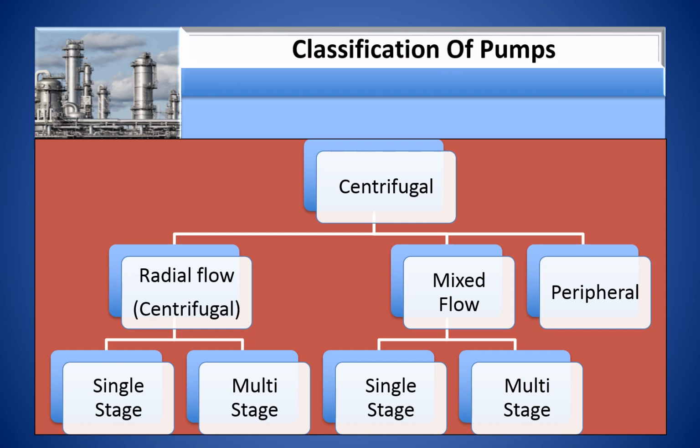Centrifugal pumps are subdivided into radial flow, mixed flow and peripheral flow pumps. Under the radial flow, we have single stage and multi-stage pumps. Under the mixed flow, we have single stage as well as multi-stage pumps.